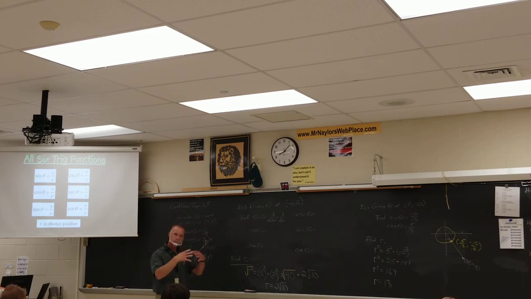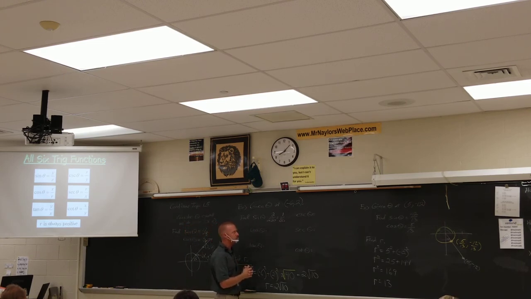Now I want you to learn through working on this, and maybe by glancing back up here, I hope you see that what I've done with sine is I've set it up according to the definition, 2 over 2 root 10, but then the 2's cancel. So you get 1 over root 10. And then you say, no square root in the denominator, so we got a little extra fun going on here.